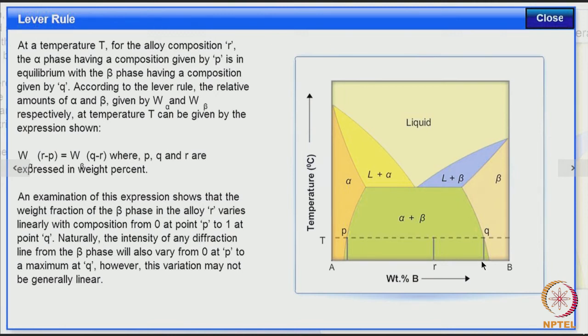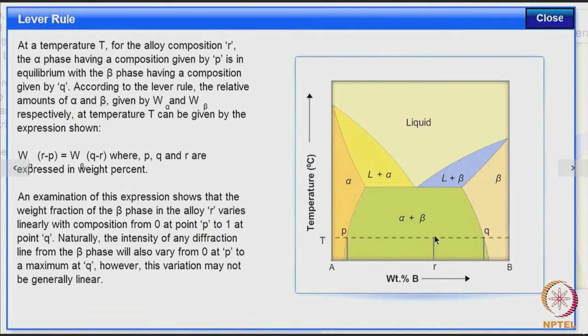So, what happens when we have an alloy having the composition given by R? This alloy will have two phases, alpha having a composition given by this and beta having a composition given by this. But how much will be the weight fraction of alpha in this alloy?